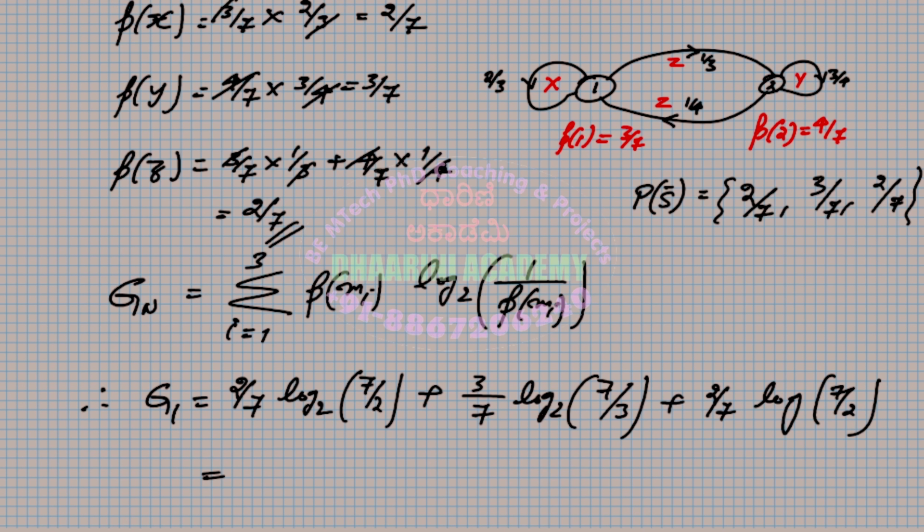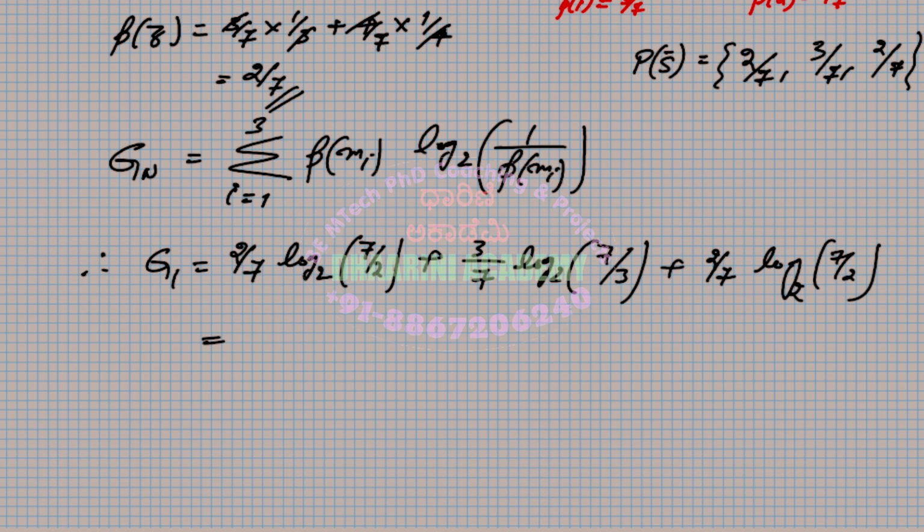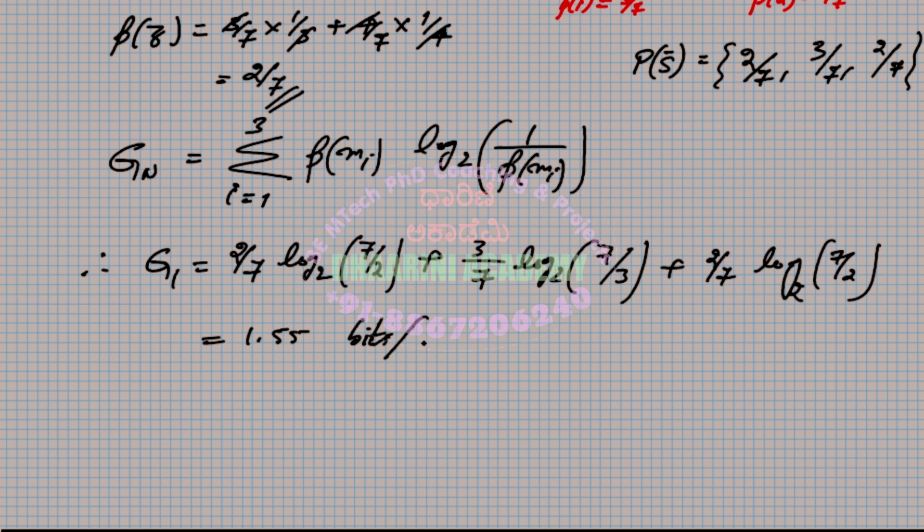Please calculate. That's right. So this is equal to 1.55. This is again in terms of H only, so we are representing bits per symbol. Only G1 is straightforward.